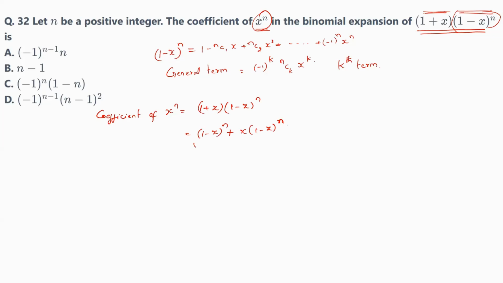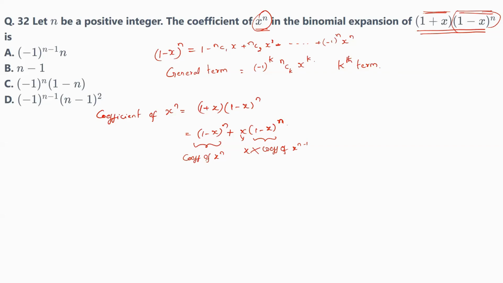So, in this, you take the coefficient of x power n. In this, take the coefficient of x power n minus 1. Since you are multiplying this with x, this will also become coefficient of x power n, right?